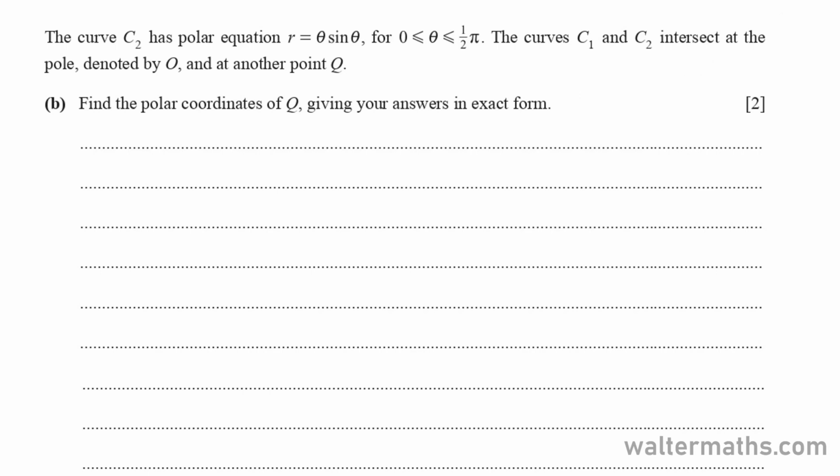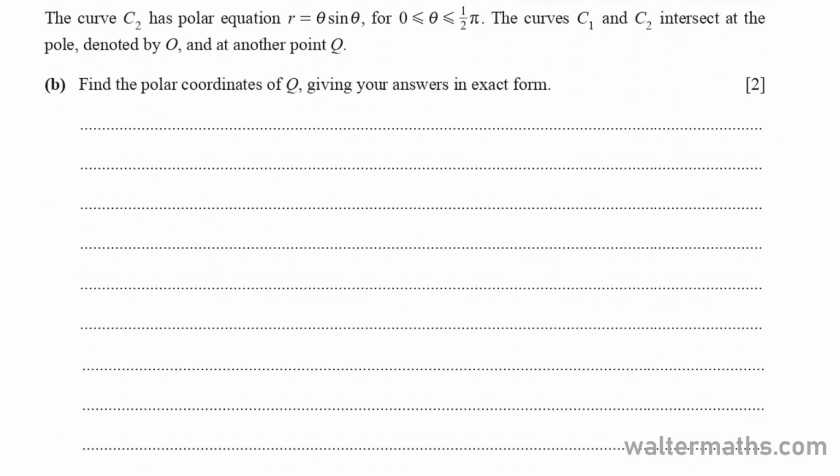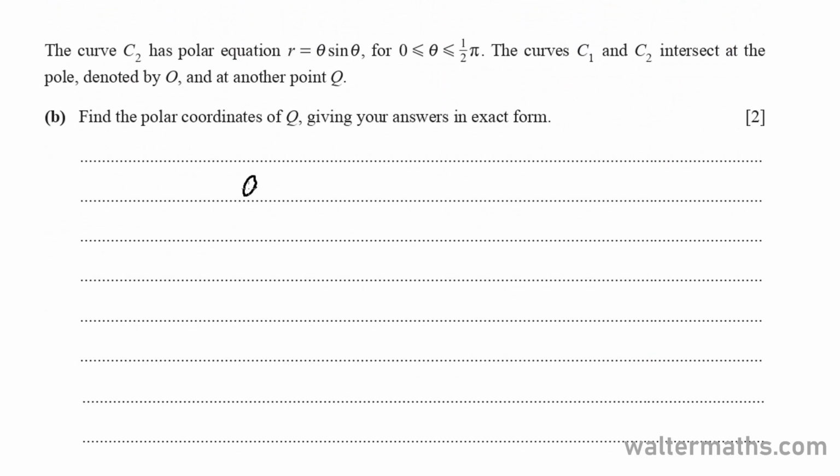Now the equation of C1 is r is equal to theta cos theta. So let's have theta cos theta being equal to theta sine theta at their point of intersection. Now we can simply divide both sides by theta cos theta, and so we cancel out here and we get 1, and we know that sine theta over cos theta gives us tan theta, as the thetas also cancel here.